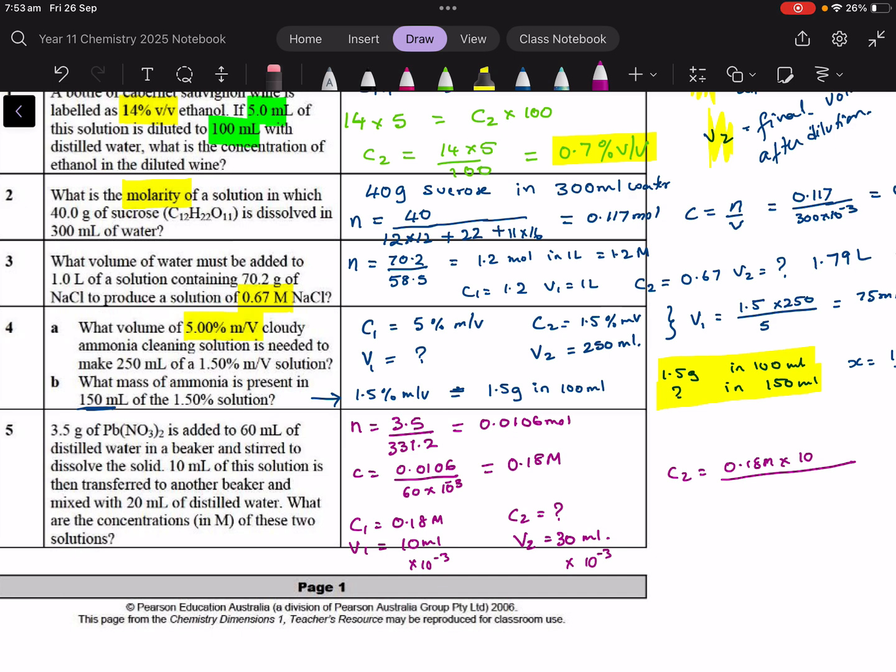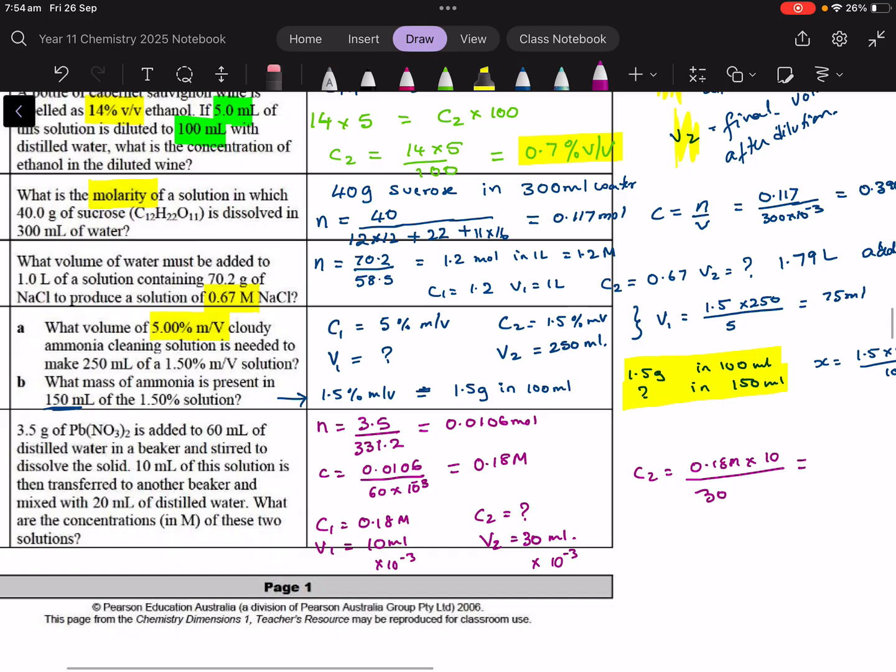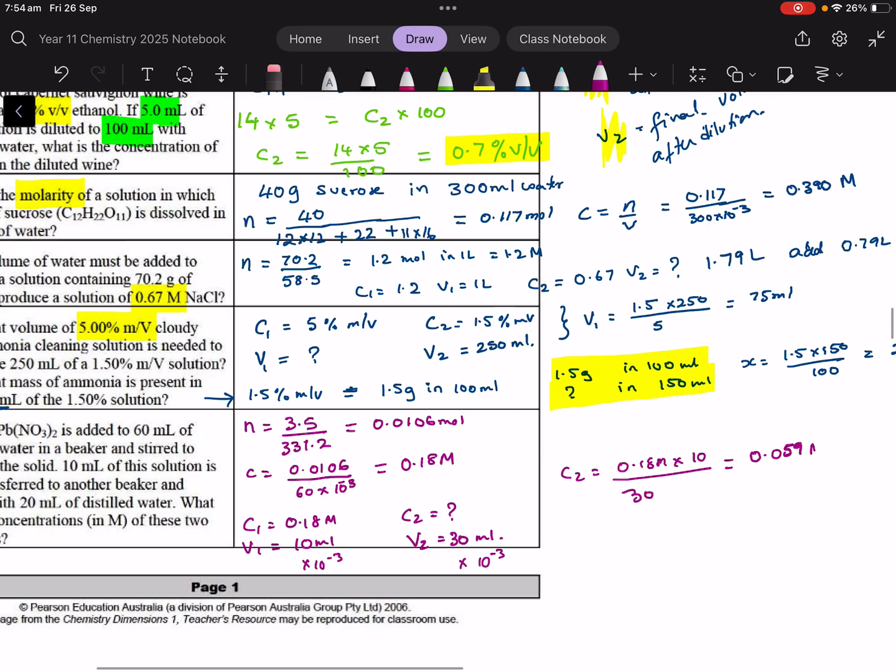So I could just leave it as 10 milliliters and divide it. If you feel comfortable, convert it into liters and use it, then you are following the process correctly. And here you would just say 30. And this will give us 0.059 molar solution.